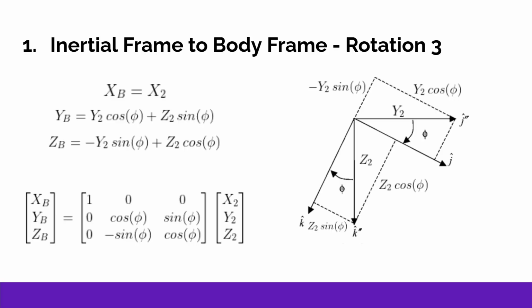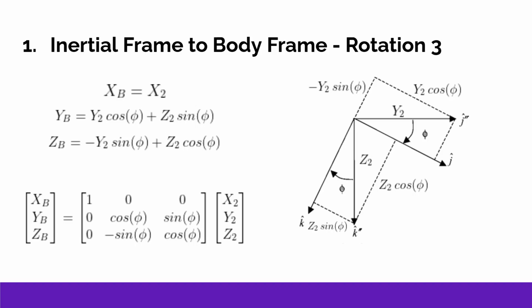Now the projection of y2 onto j is y2 cosine of phi, and the direction of that projection is in the same direction as positive j, so it is a positive contribution. The projection of z2 onto j is z2 sine of phi, and here again, the direction of that projection is in the same direction as positive j, so it is a positive contribution.